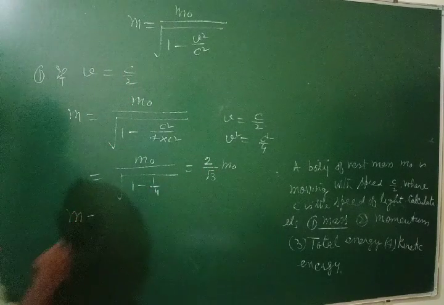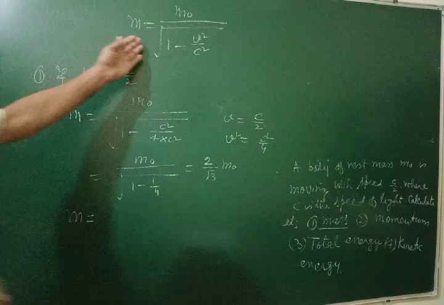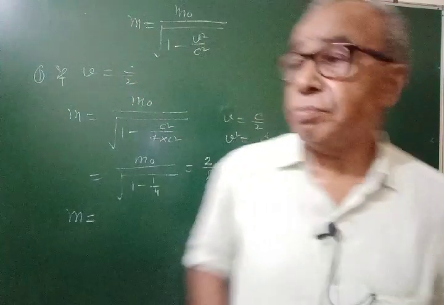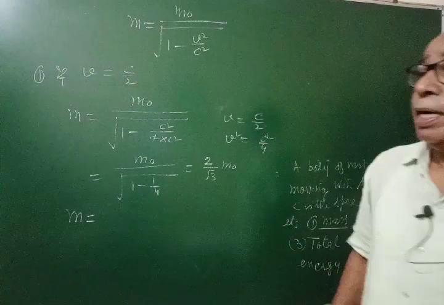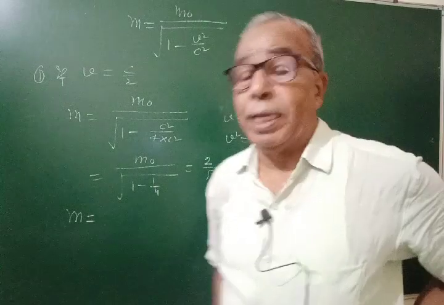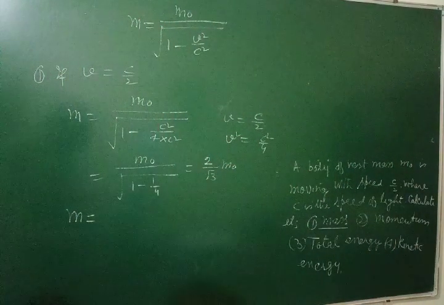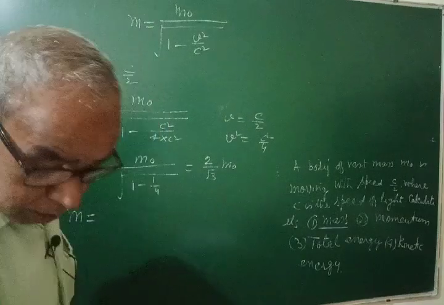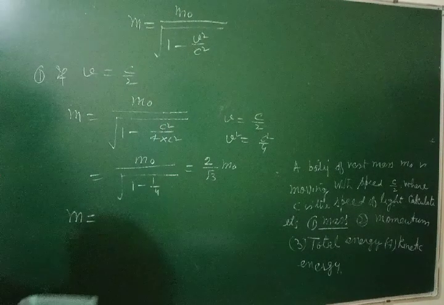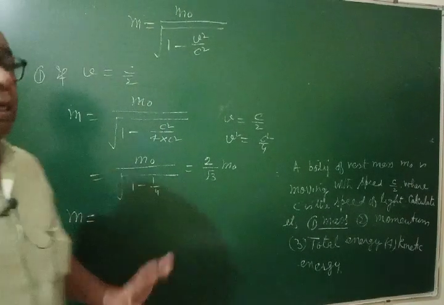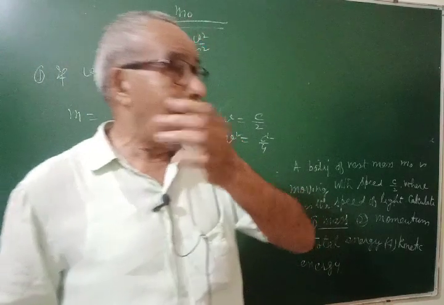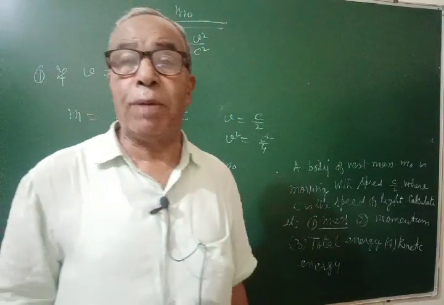Dear student, this correction is applied only when a particle moves close to the speed of light, and particles like electron, proton, alpha particle can travel close to the speed of light. In fact, only the light photon can travel with the speed of light.